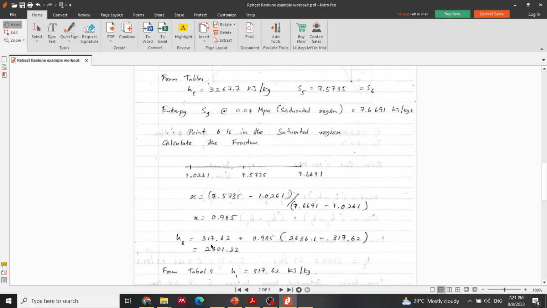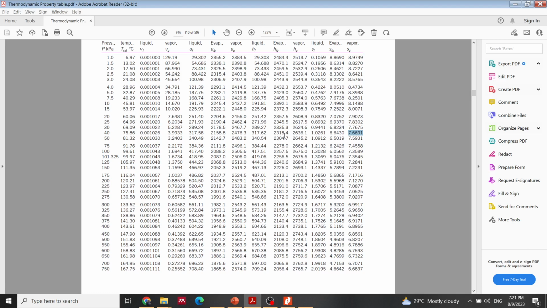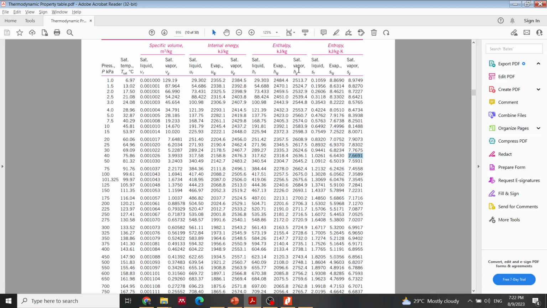Then we can use this fraction to calculate the enthalpy at point 6. The enthalpy at 100% liquid plus the difference times the fraction, right? This value we get again from the table. This is the HF value at 40, and the difference is HG minus HF, times the fraction.